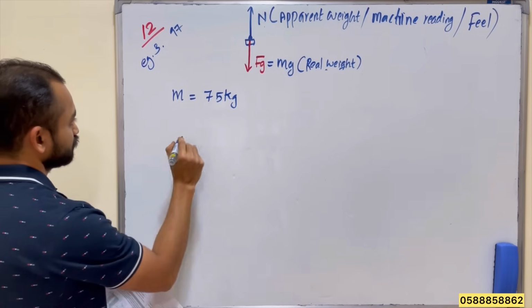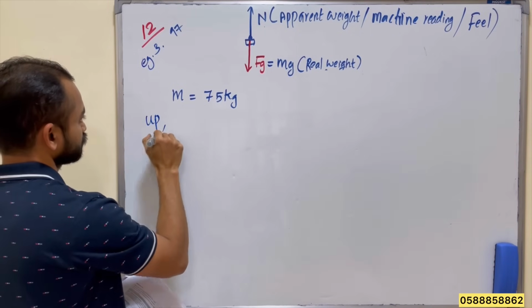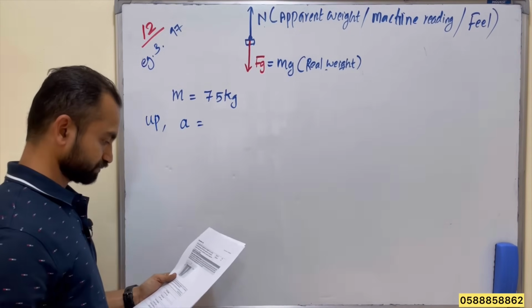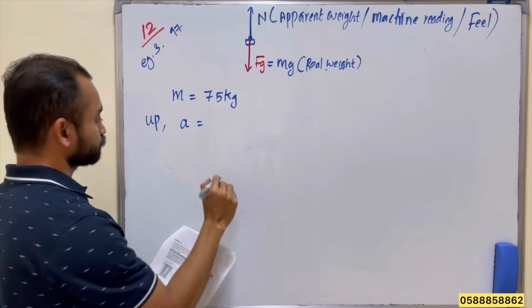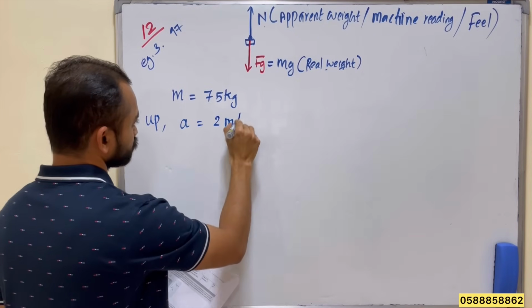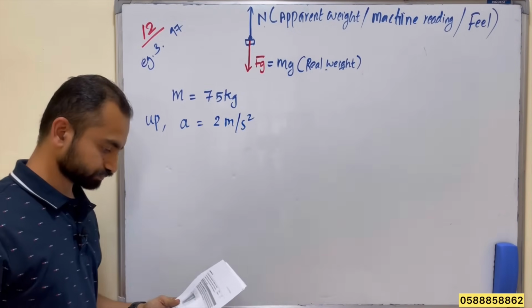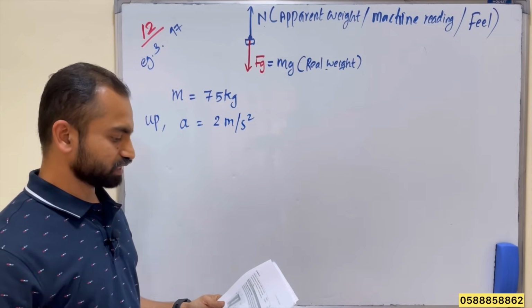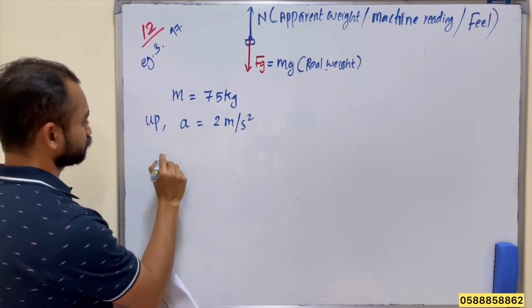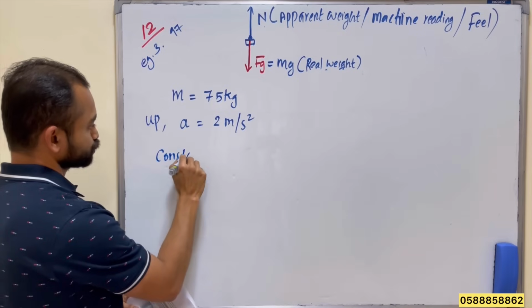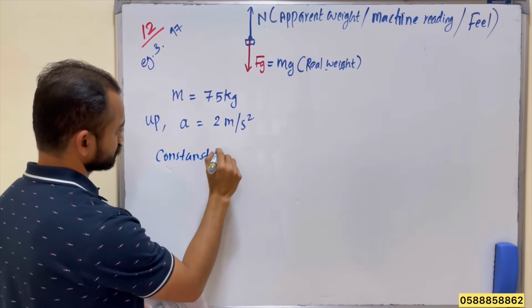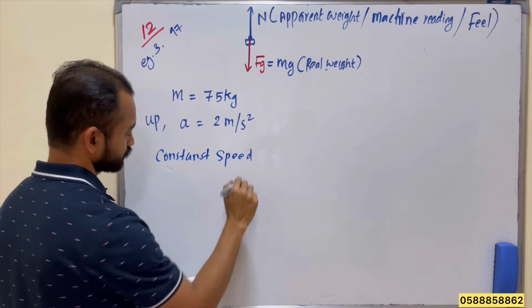So the elevator is moving up with an acceleration of 2 meter per second squared for 2 seconds, and then continues at a constant speed. Spelling is wrong, anyway.